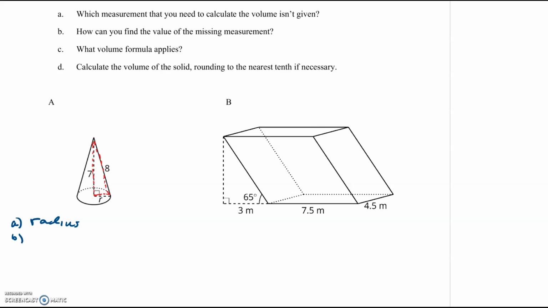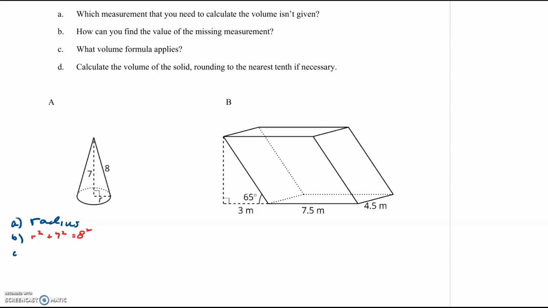So I know that I can use the Pythagorean theorem. Okay, and my Pythagorean theorem would look like this. R squared plus 7 squared will be equal to 8 squared. Okay, so that's the information. That's how I could find it.